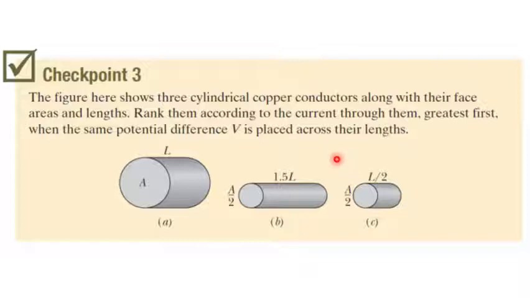All right, let us think about this. This has length L and area A. So the resistance here would be rho multiplied by L over A. So the current would be V over R, assuming that R is rho multiplied by L over A. Now, the resistance here would be L over A over 2.